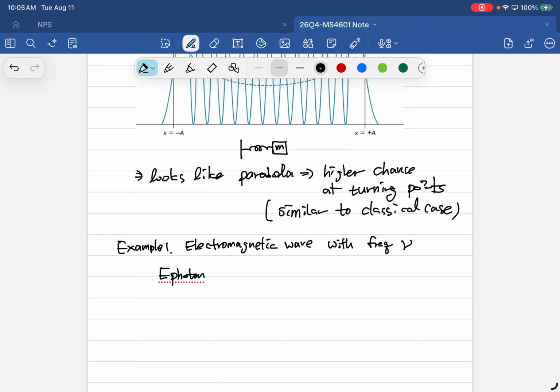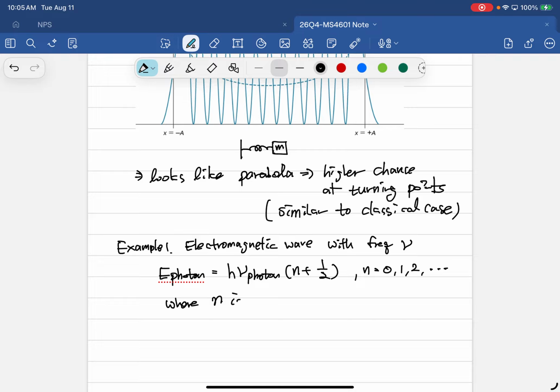The photon energy is essentially defined as h, the Planck constant, times the frequency, times n plus 1/2, where n goes from 0 and can only take integers. Here n is the number of photons in the electromagnetic field having frequency nu.